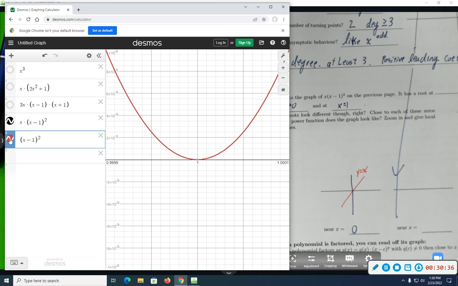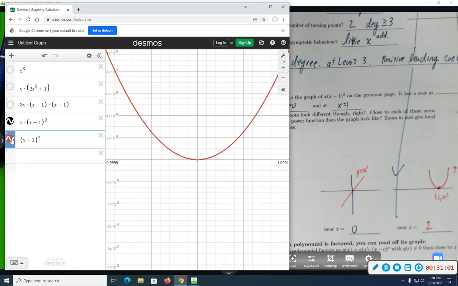Can you really tell the difference at all at this scale? Nope. So if there's the point (1, 0), this graph looks basically like y equals x minus 1 squared, at least near x equals 1.